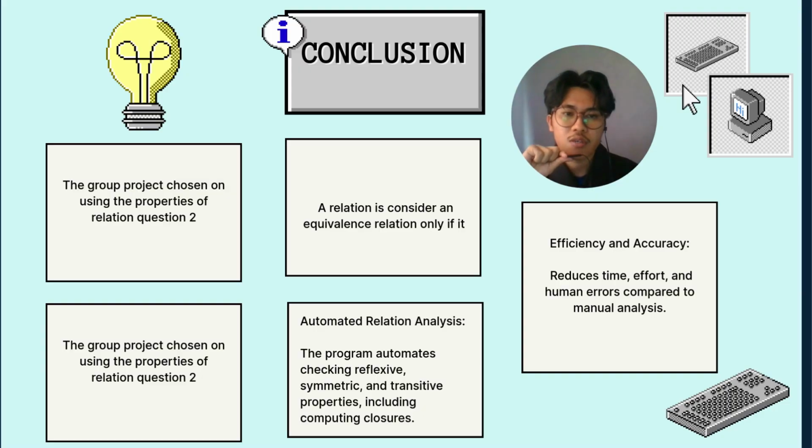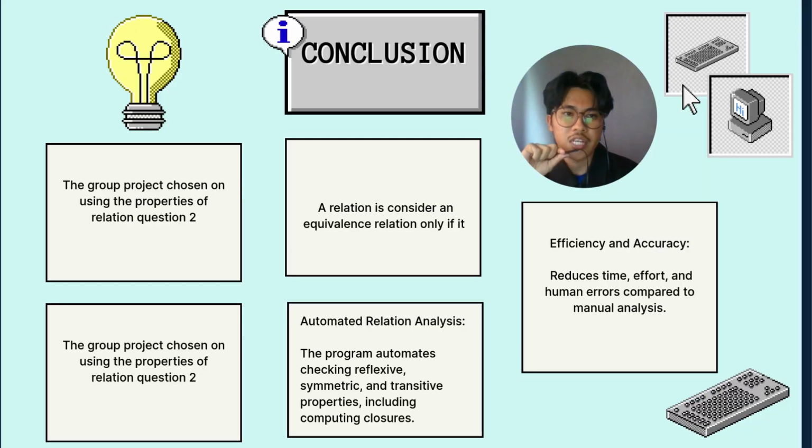To address this, we developed an automated relation analysis program. The program automatically checks whether a relation is reflexive, symmetric, and transitive, and it also computes the necessary closures. One of the key advantages of our program is efficiency and accuracy.